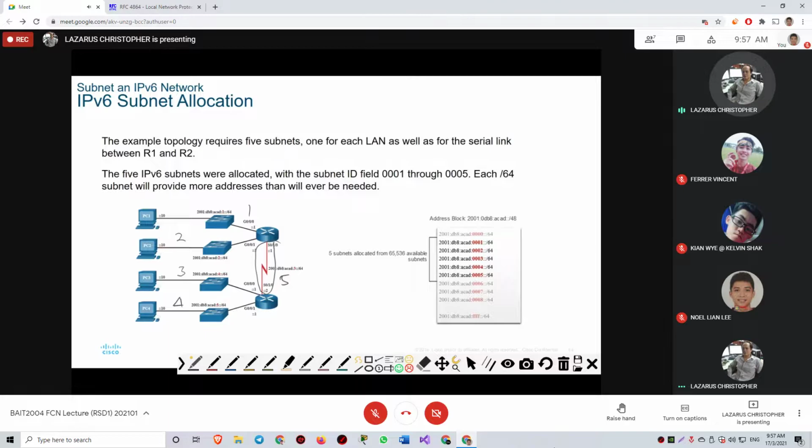But you can see here that this is a logical topology diagram, so it doesn't show things physically. We just look at it in terms of the logical aspect, the logical topology.